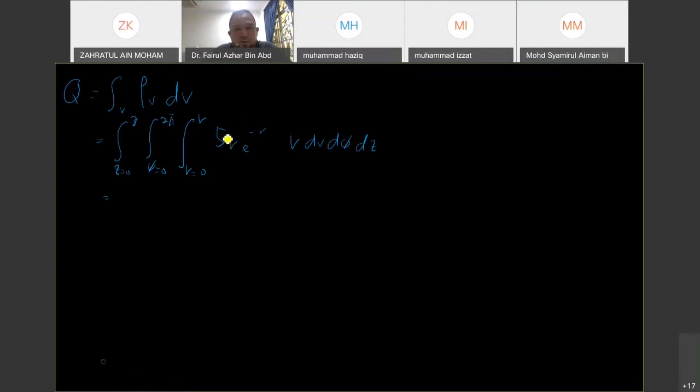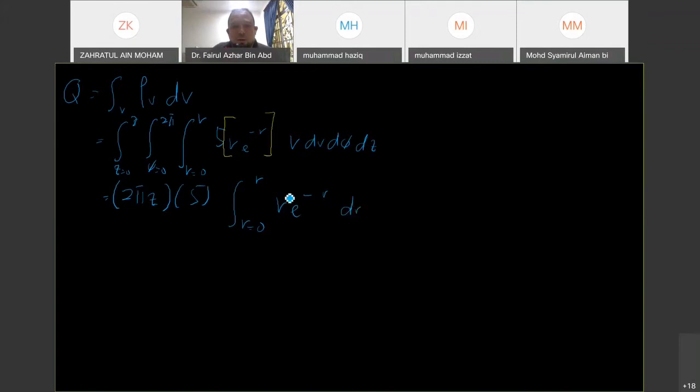For example, in order to solve the integration of phi and z, we will have 2 pi z, because we don't have any term of phi and z here, so definitely we will have 2 pi z. Multiply by this integration: r from 0 until r, r e to the power of minus r, dr.